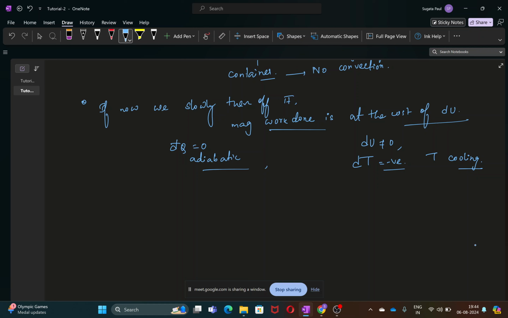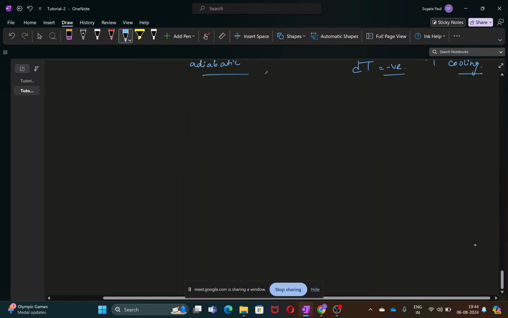There are paramagnetic samples on which this is experimentally proved, and by this repeated cooling method, this adiabatic demagnetization process, you can go down to at least the millikelvin range.